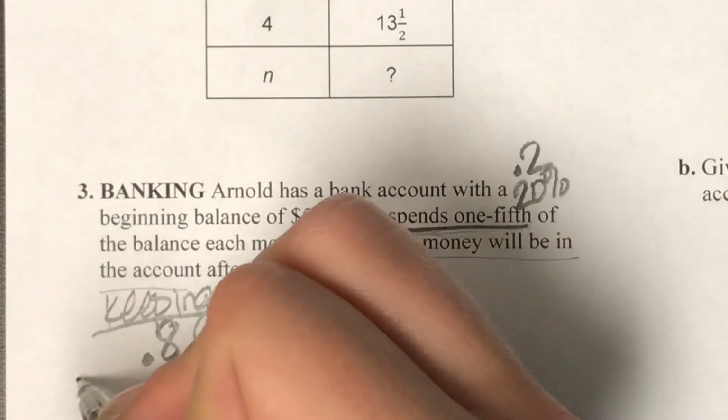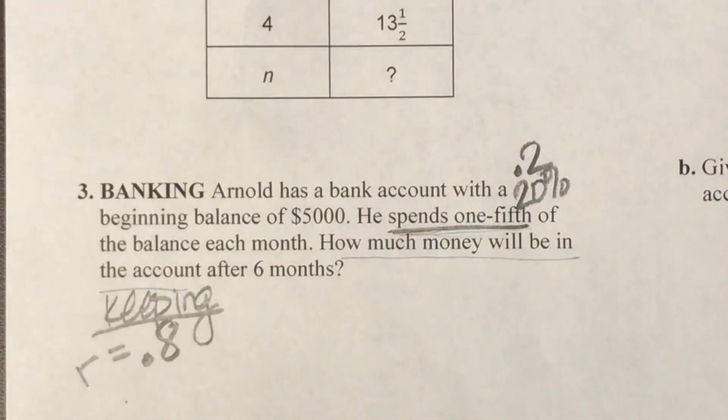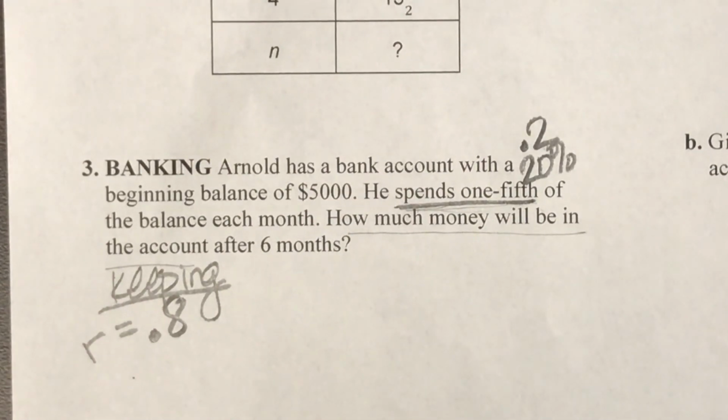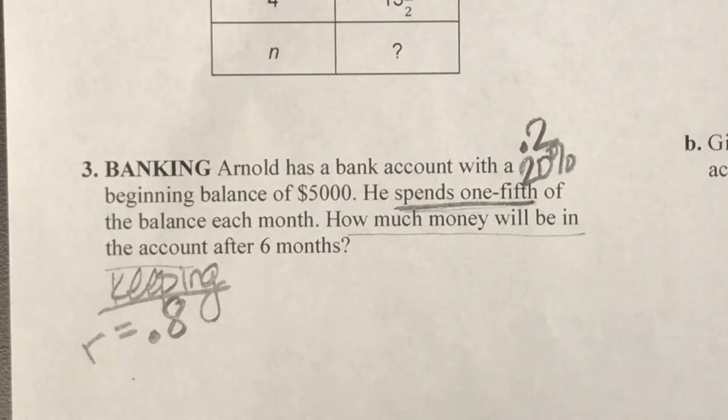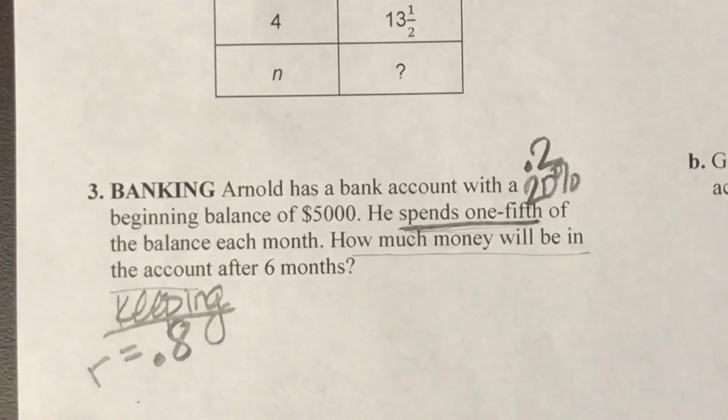So that would be your R value on this problem. You have to think about what the question is actually asking. And then from there, you've got to figure out the rest of the formula and whether it's A0 or A1. So good luck with that, and then estimate where you'd be after 6 months. All right, good luck.